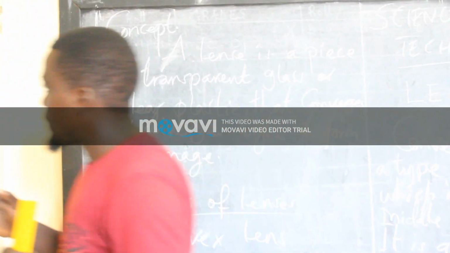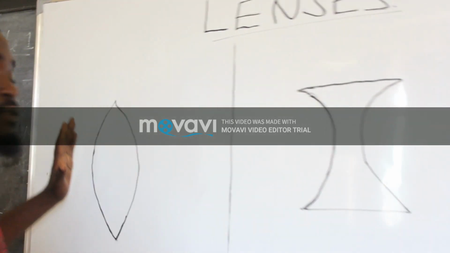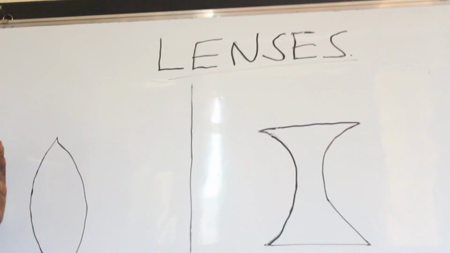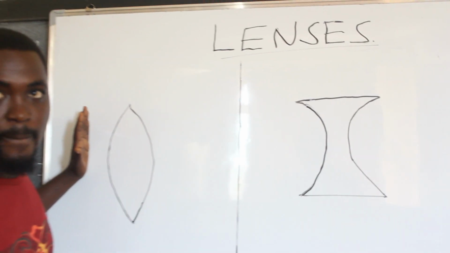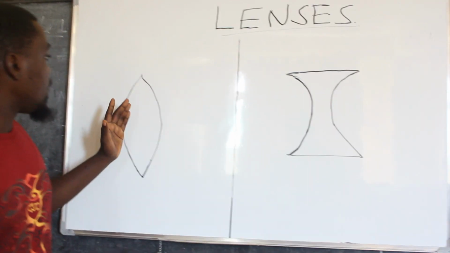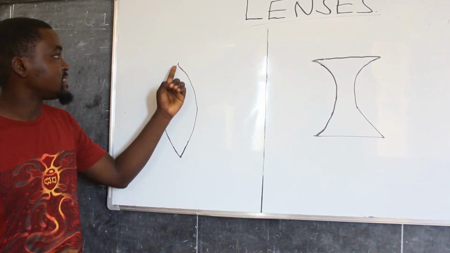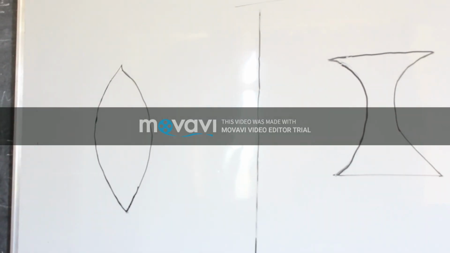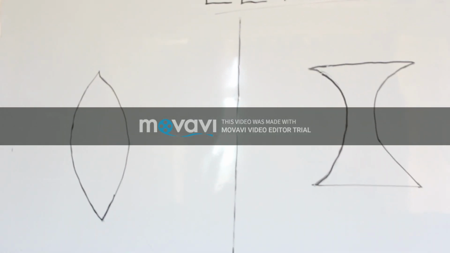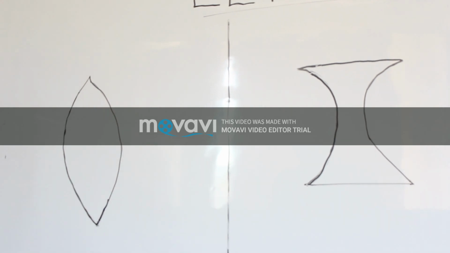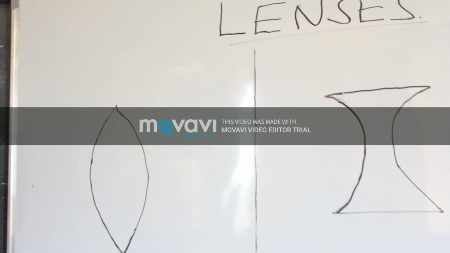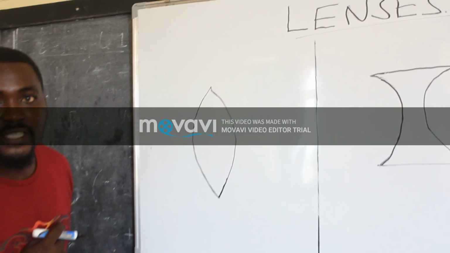You can see here, if you take a look, I've tried to draw a convex lens here on the board. If you take a look at the middle point, it is very thick compared to the edge. What happens when light strikes on the convex lens?